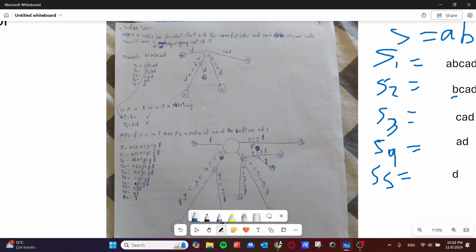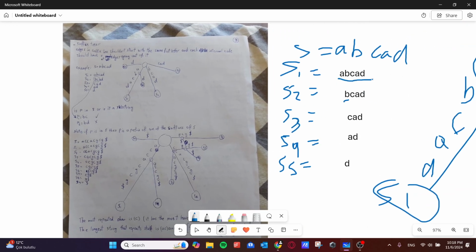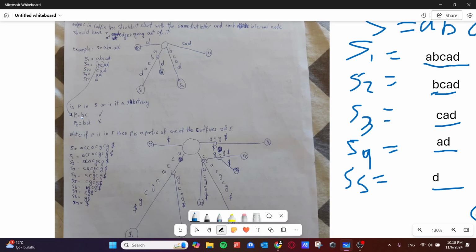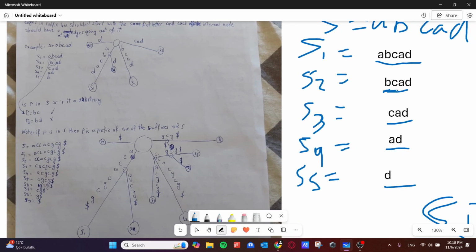So how can I know from the suffixes I've written? Let's say this is BC. It is in S, because BC is one of the prefixes of the suffixes.